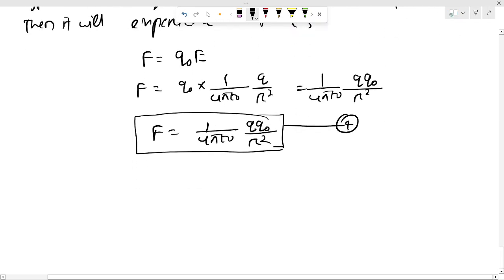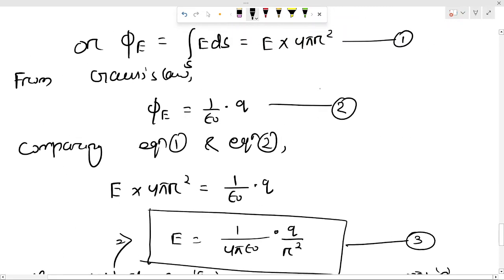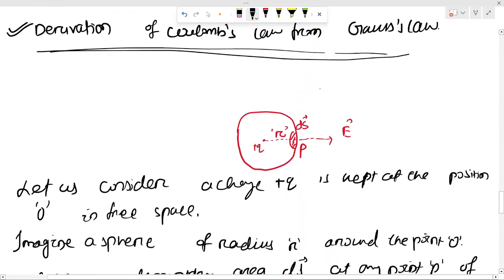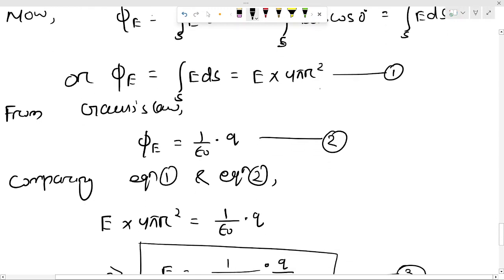This is nothing but Coulomb's law from Gauss law. Yes, I have derived the Coulomb's law in electrostatics from Gauss law. Very simple derivation.